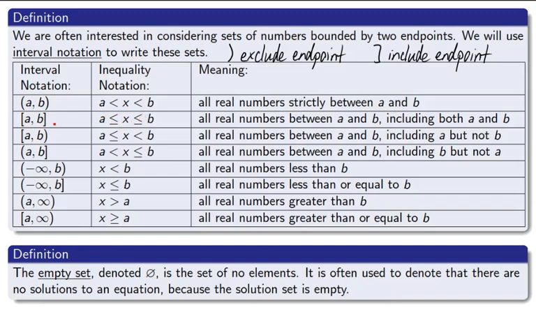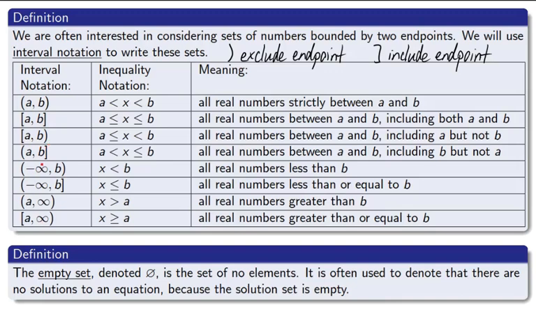So that is one thing that we'll bring up, is that strict inequalities go with parentheses, inequalities with an equal to go with brackets. And so you can see that, say for this one, A is included but B is not. In this one, A is not included but B is.